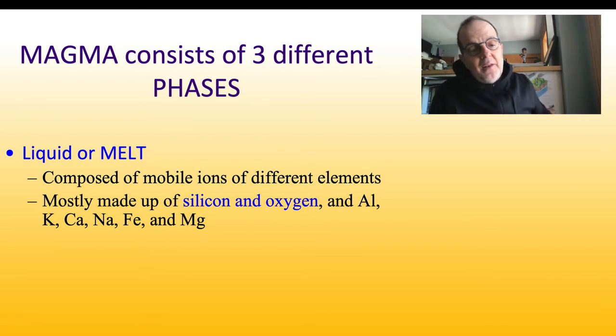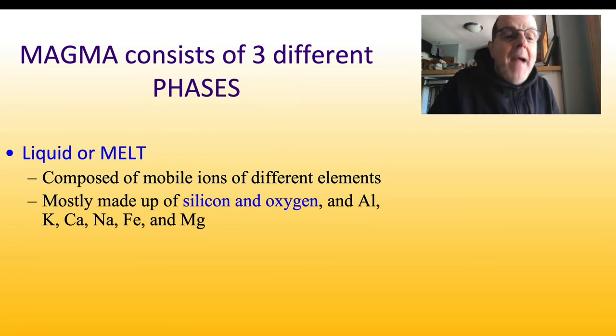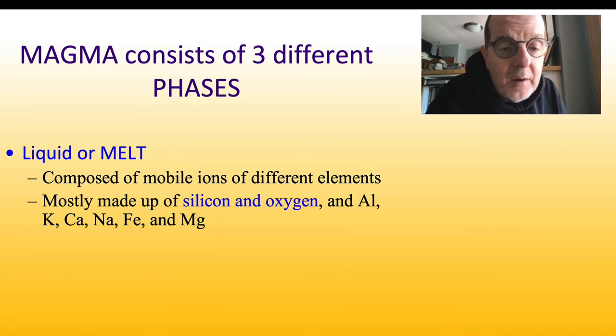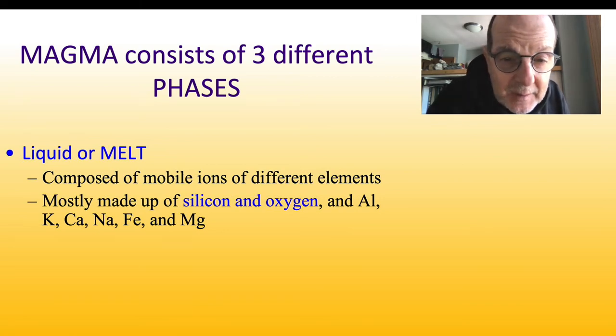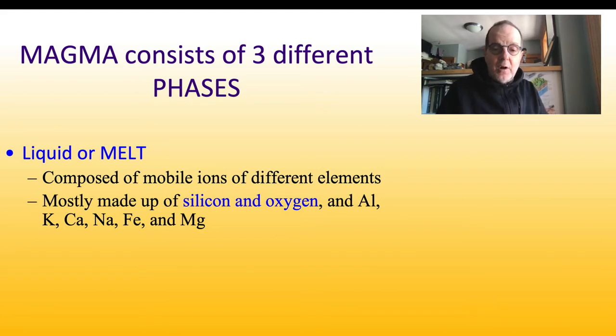These ions then, the ones that are the most predominant in magma or lava, are silicon and oxygen, forming the silicon tetrahedron, aluminum, potassium, calcium, sodium, iron, and magnesium. These are the most common rock-bearing mineral elements.